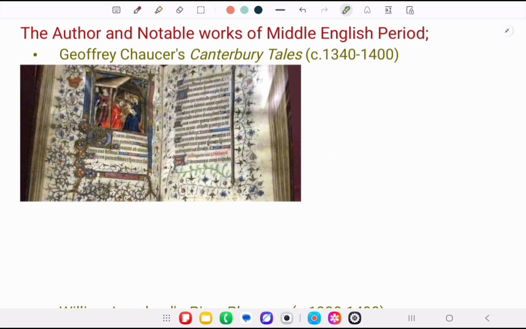And the term heroic couplet was first introduced by Geoffrey Chaucer.